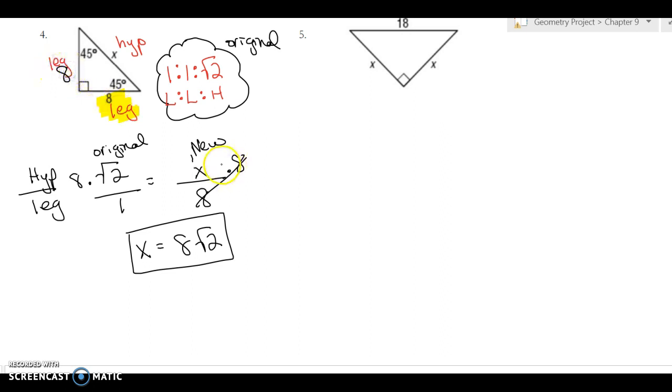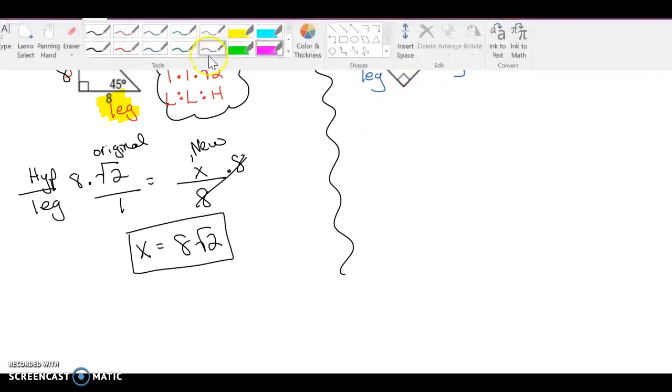If I needed to know what this other leg was, well, legs are equal, so this leg over here was also 8. Okay, why don't you try this next one, label it up, and see what you can do to solve it by setting up your ratios and your proportion. Okay, so you should have said this was the height, leg, and leg. I just have to find one of them, because when I find one, I know what the other one is. So I'm given the hypotenuse, so I'm going to stick that on the bottom.